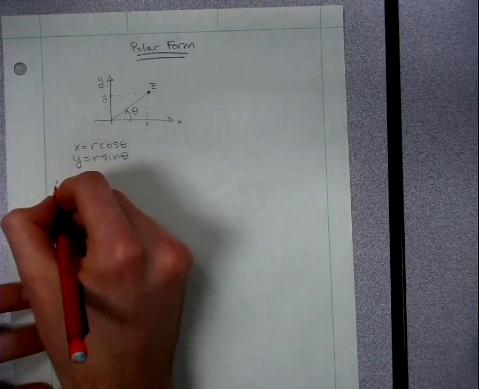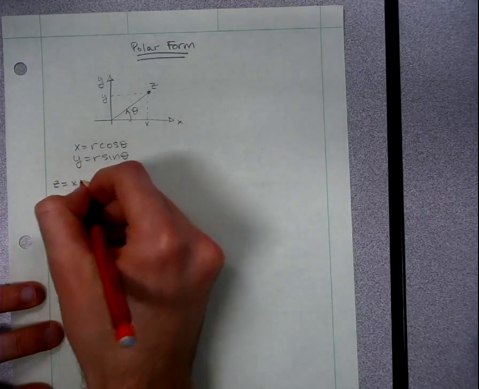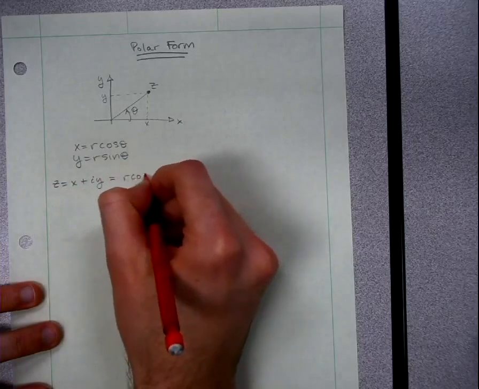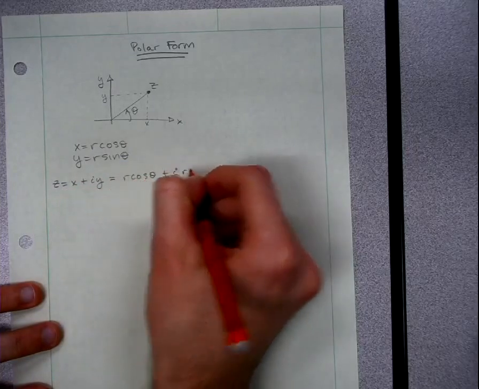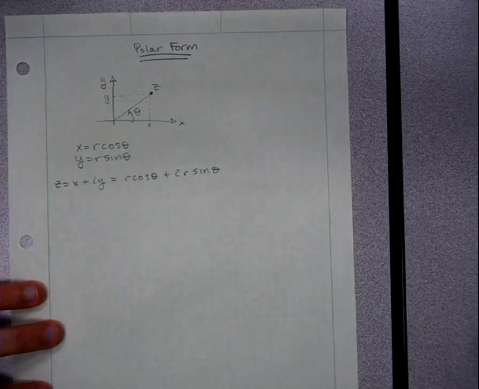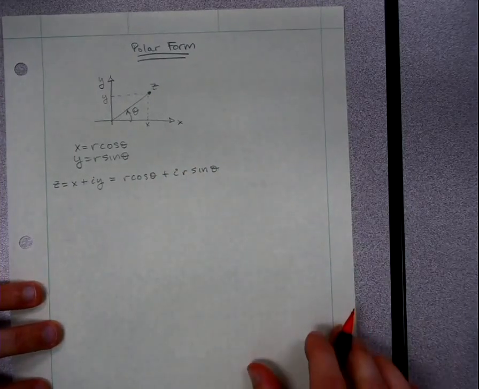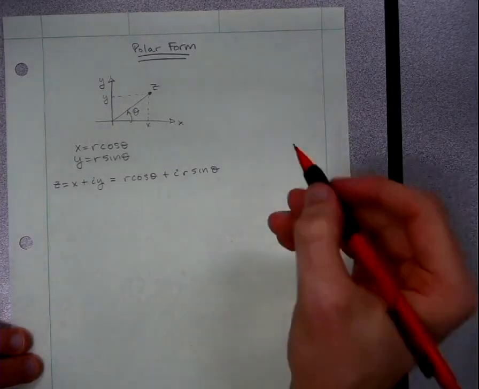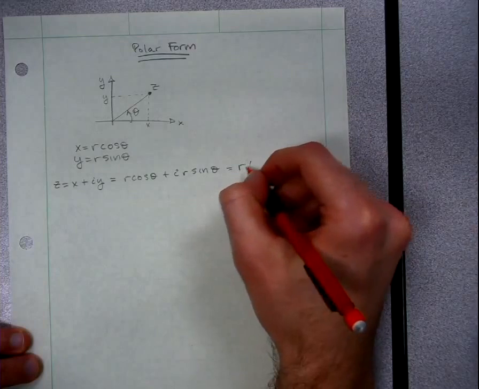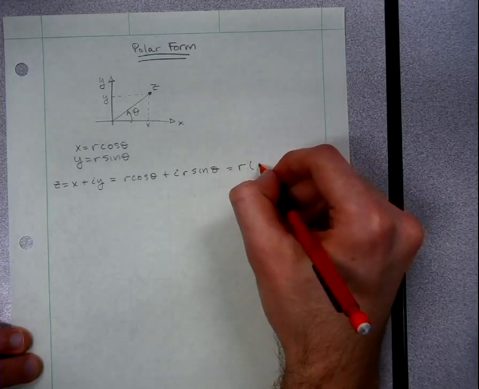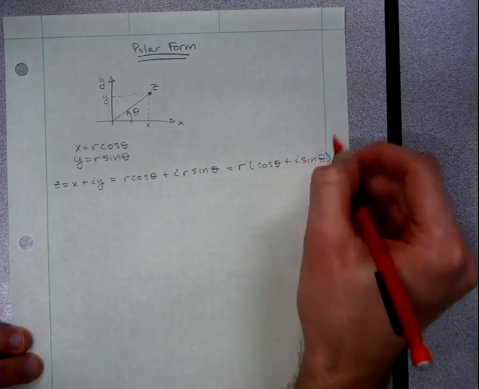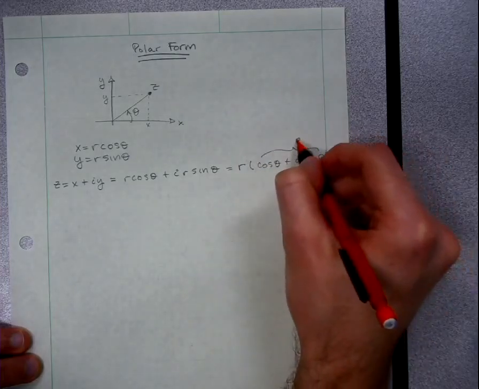So rewriting z as x plus iy, that equals r cos theta plus i r sine theta. Factoring out the r, we get that it equals r times cos theta plus i sine theta. And this equals e to the i theta.